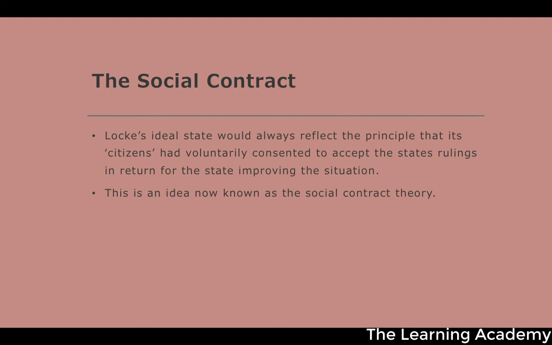And the relationship between the individuals and the state, this social contract, is that the citizens voluntarily accept and consent to the state's existence in return for the state improving the situation of the society that it governs. So that's effectively how the state operates under the classical liberalism that we've been discussing in this lesson.